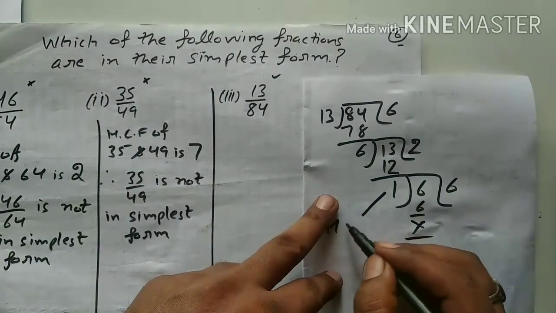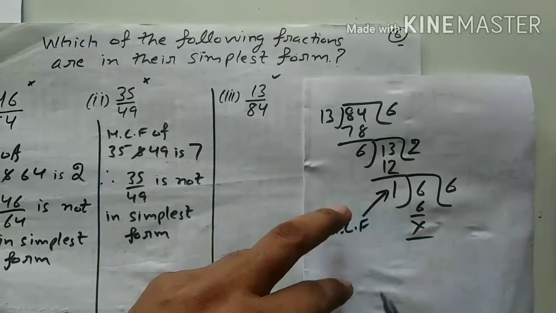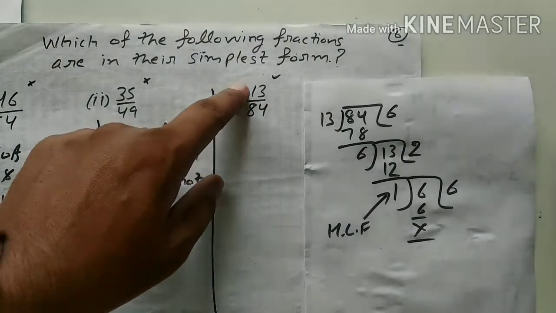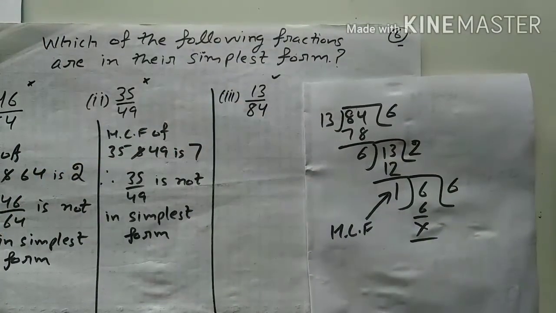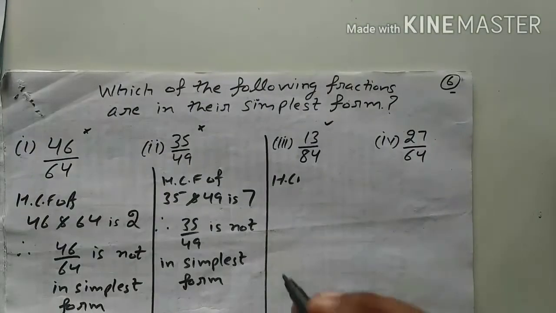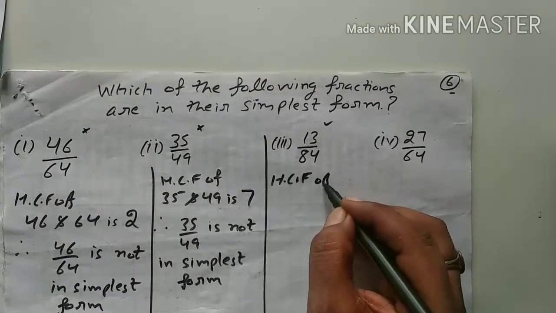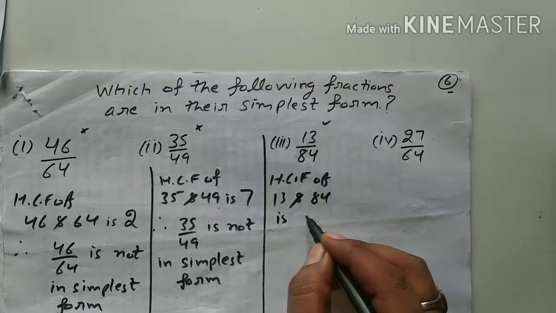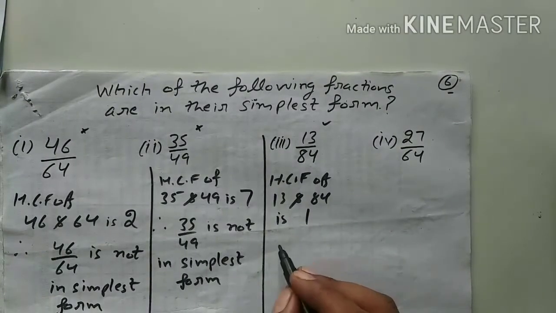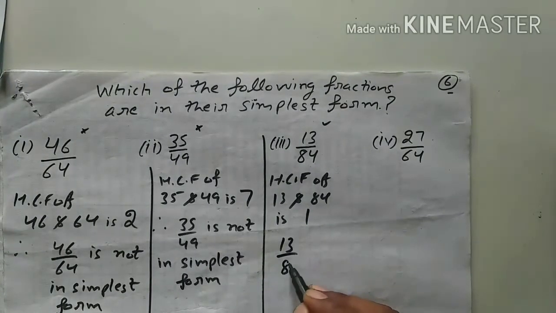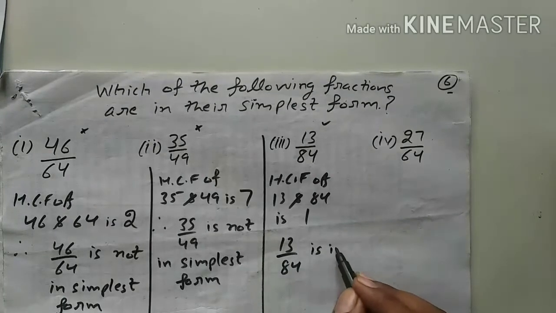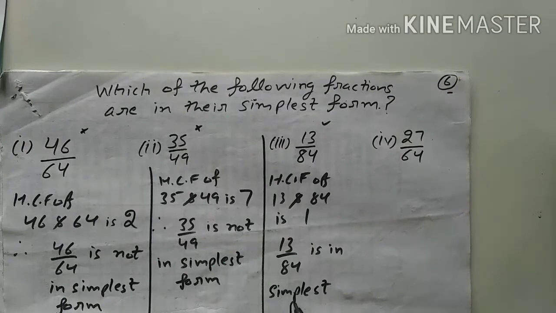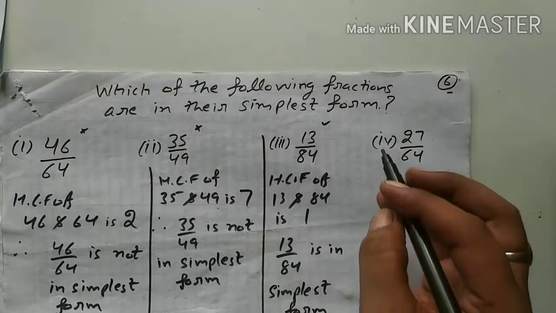Now what is the HCF here? The HCF is 1 student. In this case the HCF is 1. Therefore 13 by 84 is in lowest form. HCF of 13 and 84 is 1. Therefore 13 over 84 is in simplest form. Okay students?